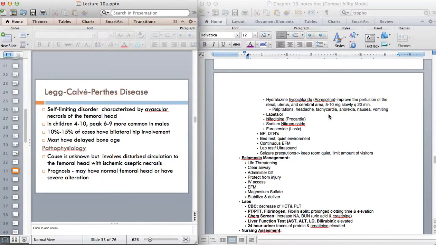Sometimes if it is bilateral, that child has really limited mobility. If it is one side, then the lack of use, muscle atrophy, and all the consequences of immobility and non-use of an extremity will start occurring on that affected side.